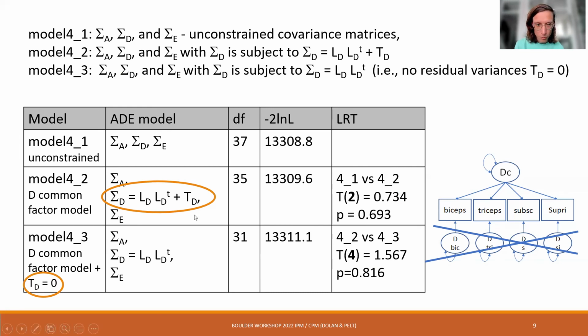So this difference between model 4.3 and 4.2 is the degrees of freedom of 4. If we test the difference in -2 log likelihood values between these 2 models, we see that again, the model 4.3 seems to fit well. So we would accept this model. This is in line with no unique dominance genetic effects on phenotypes, effectively setting the genetic dominance correlations to 1, right?